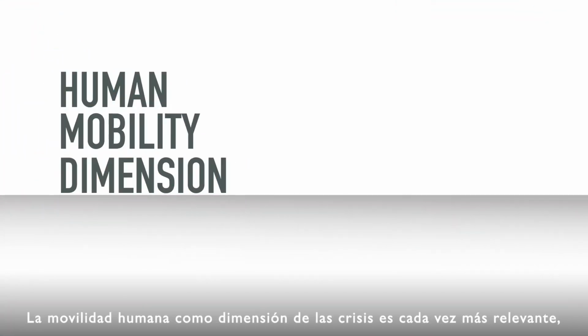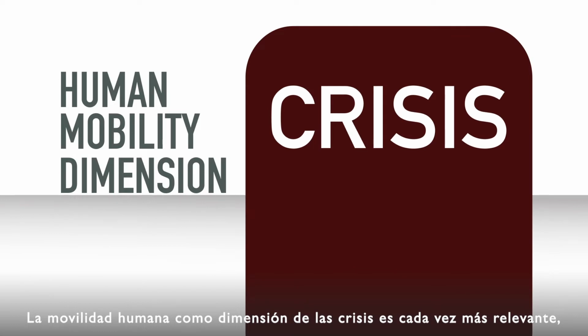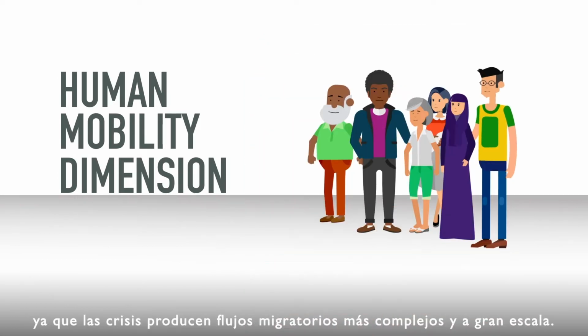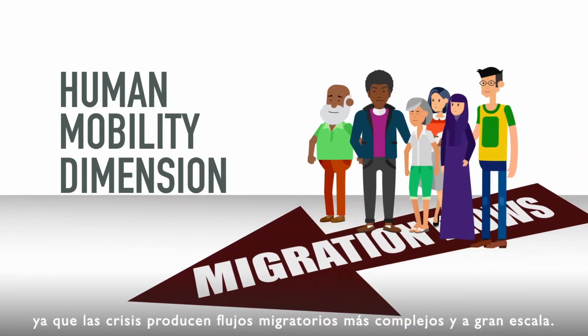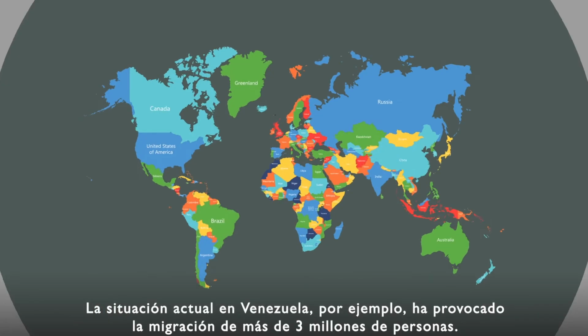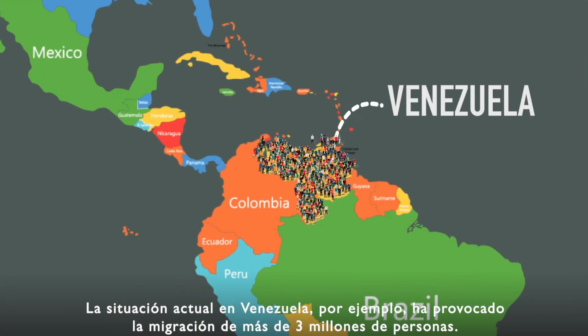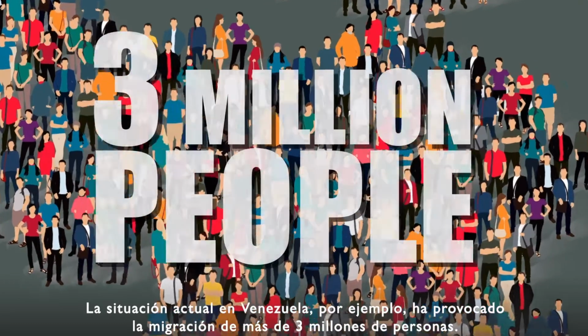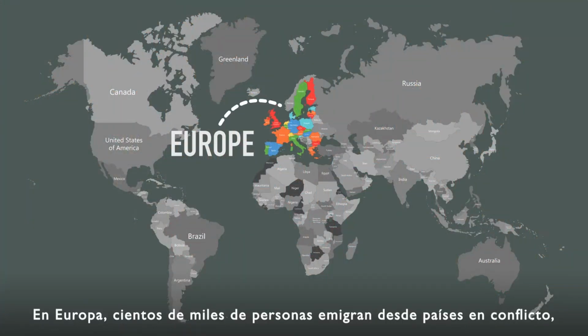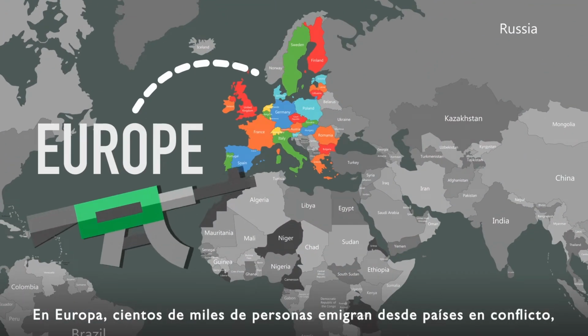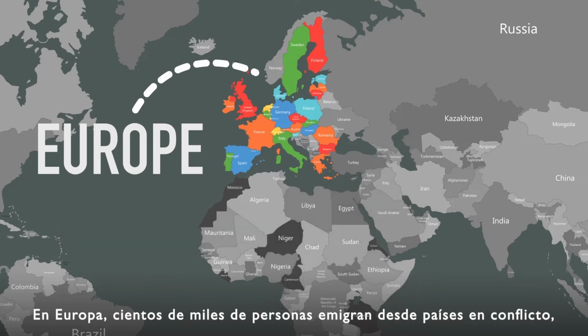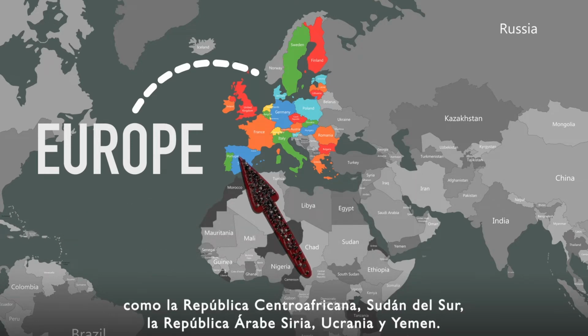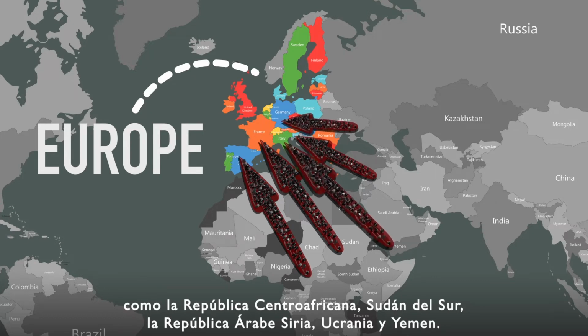The human mobility dimension of crises is increasingly relevant as crises produce more complex and large-scale migration flows. The current situation in Venezuela, for instance, has caused the migration of more than 3 million people. In Europe, hundreds of thousands of people are migrating from countries in conflict, such as the Central African Republic, South Sudan, the Syrian Arab Republic, Ukraine, and Yemen.